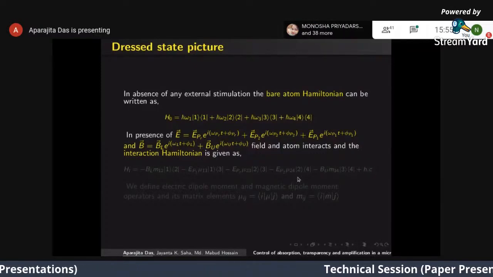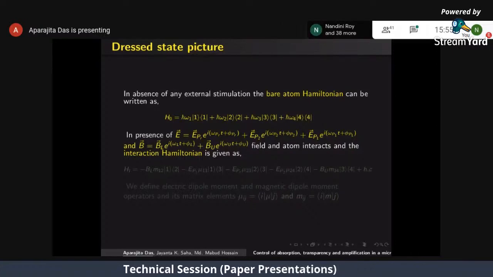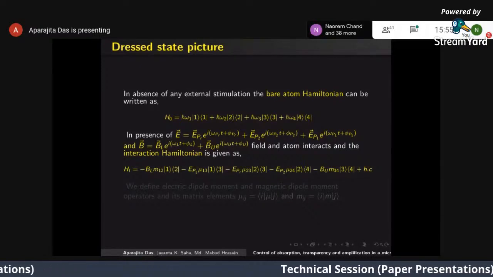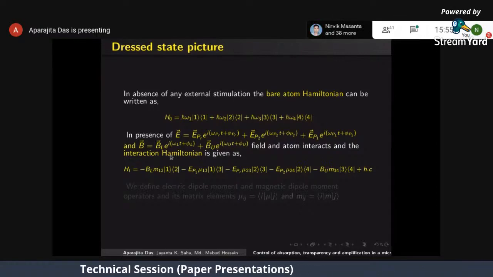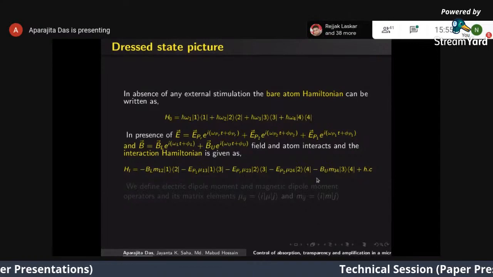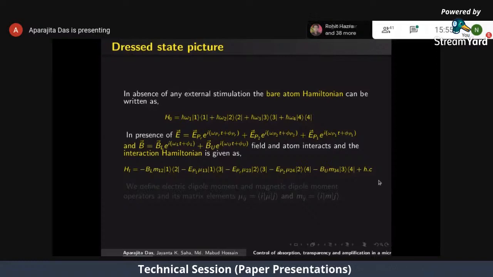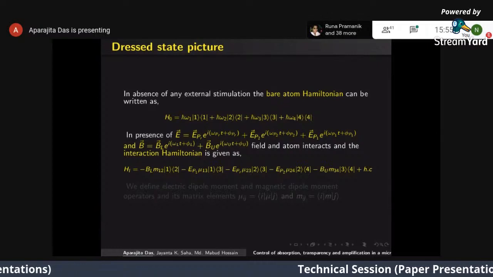Now, when the atoms, the system, is kept in the electromagnetic radiation, they will interact with the field, and we can write the interaction Hamiltonian in this form, as these rubidium atoms, or any alkali atoms, are hydrogen-like atoms, and they can be treated as electric or magnetic dipoles.